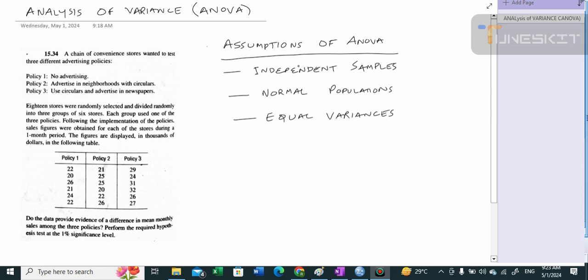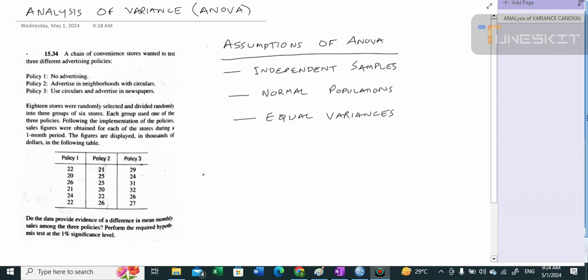So now how can we identify whether the given data sets or samples are independent samples? To understand this, we need to look at the data. 6 stores have followed policy 1, 6 stores have followed policy 2 and 6 stores have followed policy 3. The stores which have followed policy 1 did not follow policy 2 or policy 3.